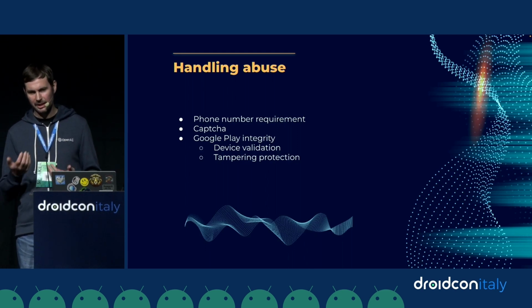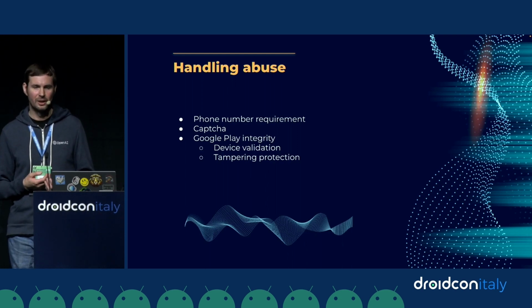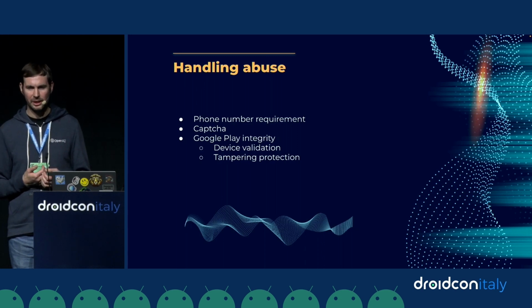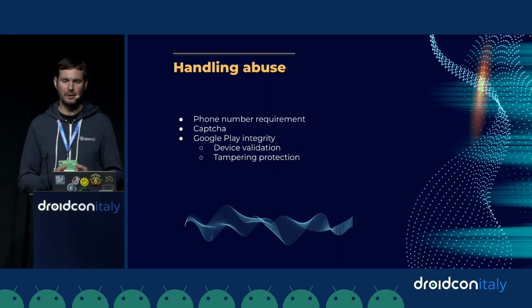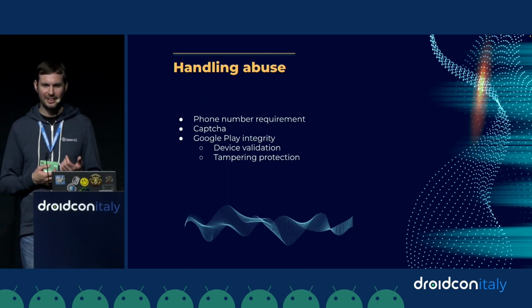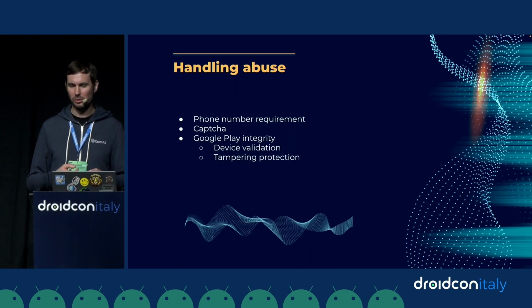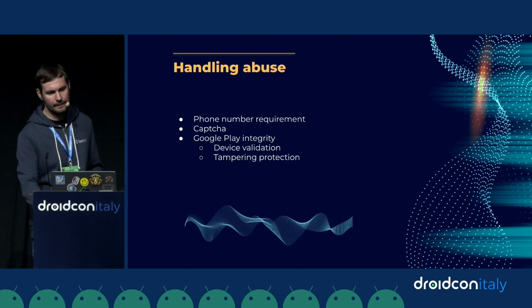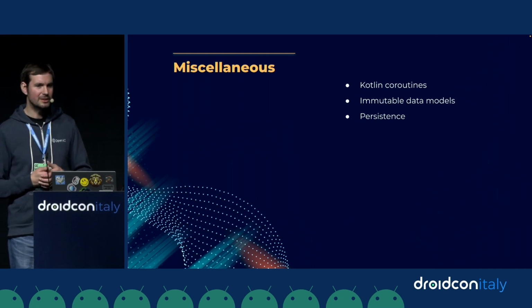Validation helps you verify that it's a real device and not an emulator, which we usually block. And tampering protection is a relatively new thing. It basically instruments your app to prevent tampering with the binary. Works pretty well, but it did cause some crashes early on, and only on the build we uploaded to Google Play.